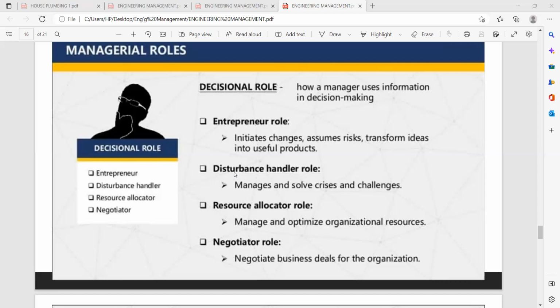So the manager manages and solves crises and challenges. And meron din dito yung resource allocator role: manage and optimize the organizational resources. And the negotiator role: negotiate business deals for the organization. Okay.